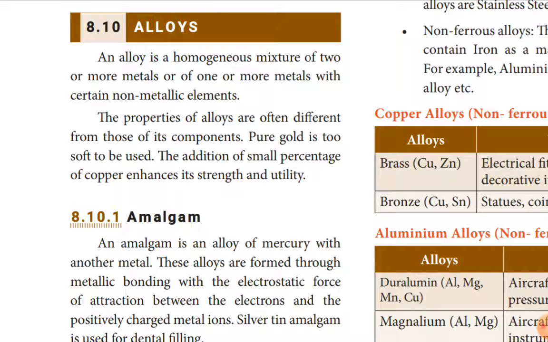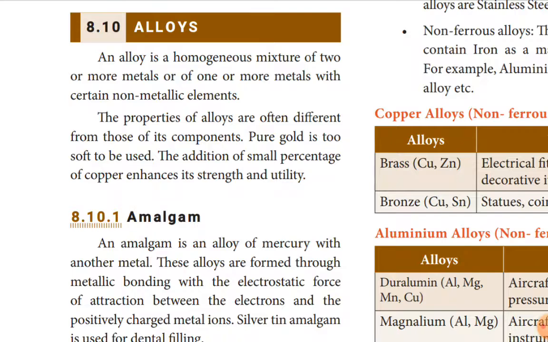But by the addition of a small percentage of copper to gold, it gains more strength and utility to give shapes and designs to prepare gold jewelry. So the addition of copper enhances the strength and utility to give shape and design and to prepare the jewels.